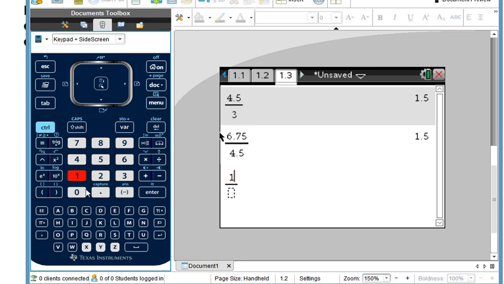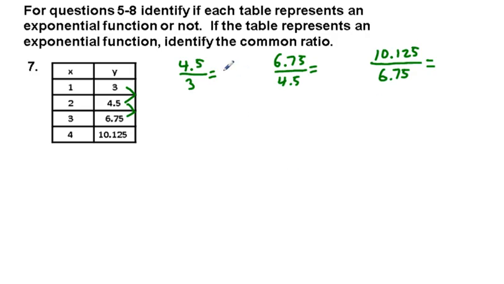The last one you put in, 10.125 divided by 6.75. 1.5. So that'd be 3/2. So we say common ratio R equals 1.5. Okay, so there it is.